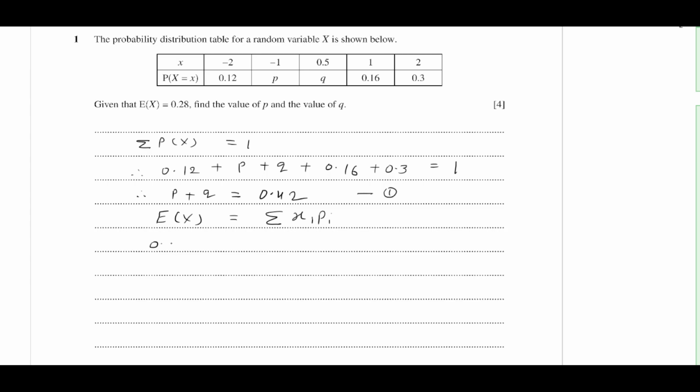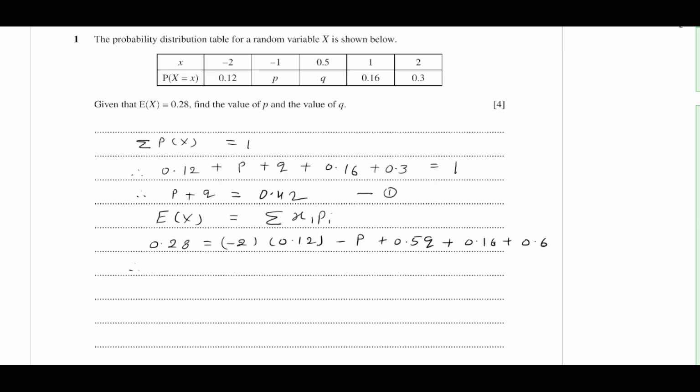So I will say that this 0.28 is equal to minus 2 times 0.12 minus 1 times p plus 0.5 times q plus 1 times 0.16, so it is 0.16 only, plus 2 times 0.3 is 0.6.